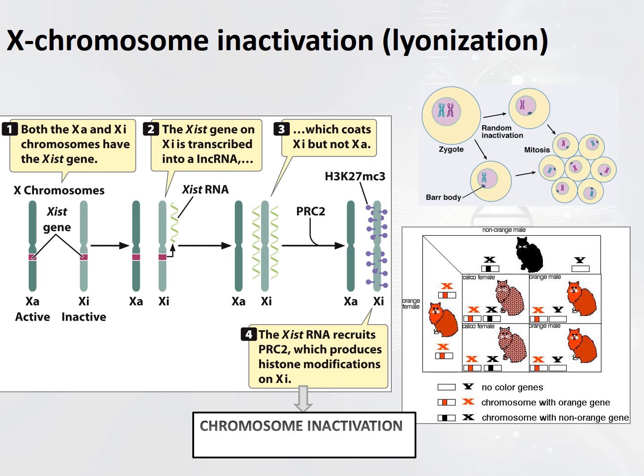This inactive and highly condensed chromosome can be easily seen under the microscope in the cell nucleus, and it is called a bar body.